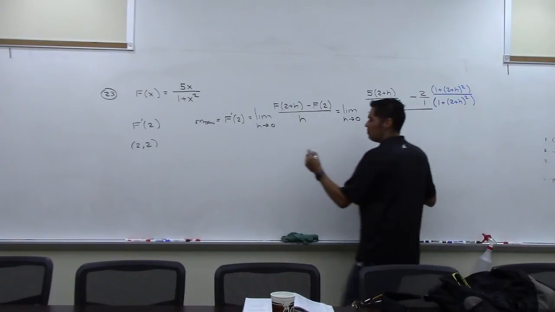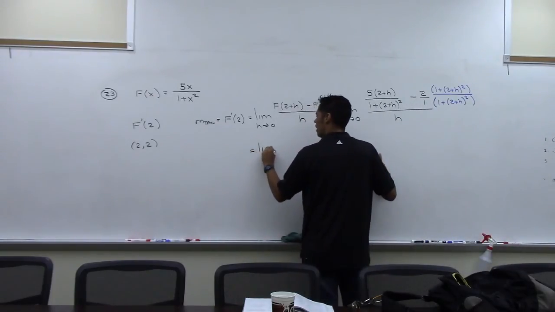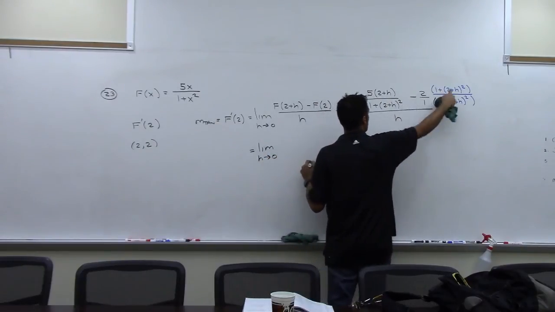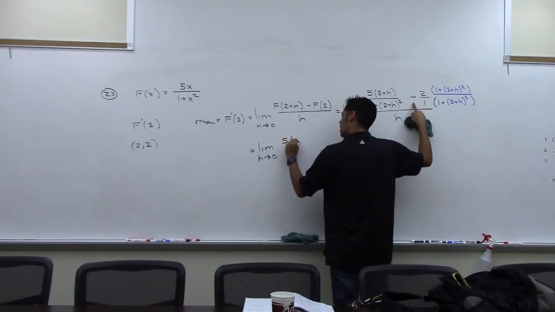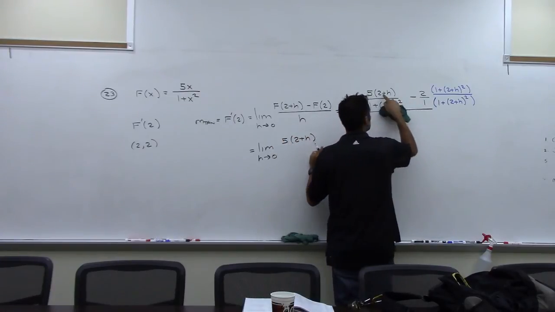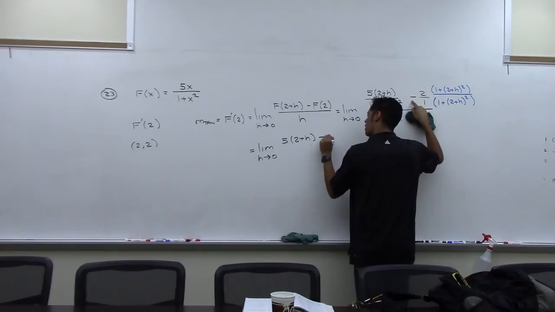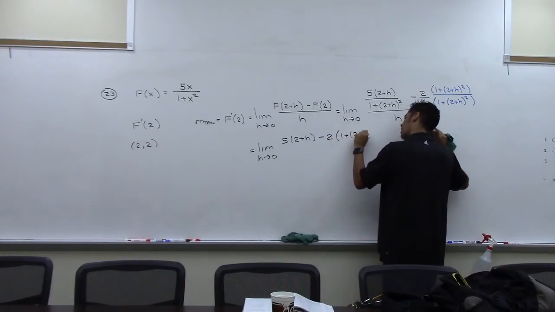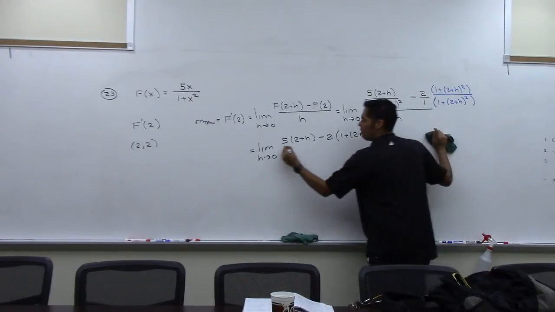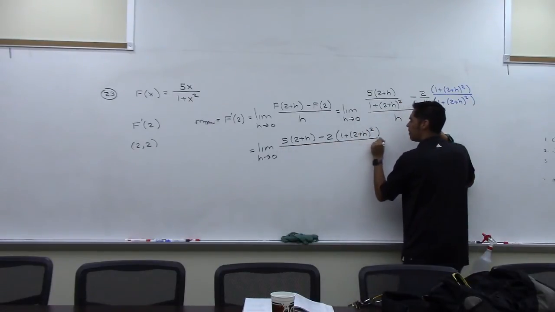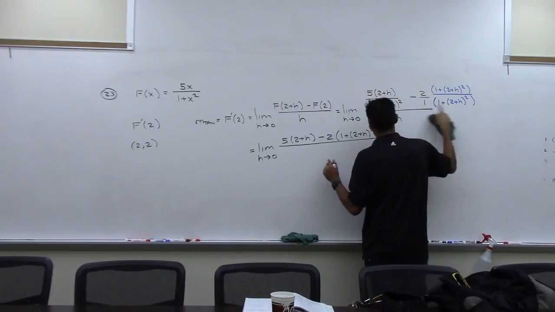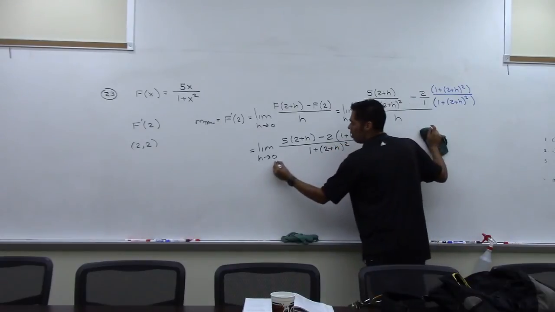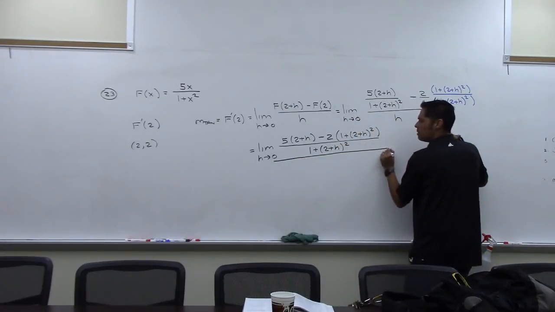And then I can put them together. So my next line will be the limit as h goes to 0 of this numerator minus that numerator. So 5 times 2 plus h, it's this, minus 2 times all that, 1 plus 2 plus h squared, all of that divided by my common denominator, which is 1 plus 2 plus h squared, but then all of that divided by h.